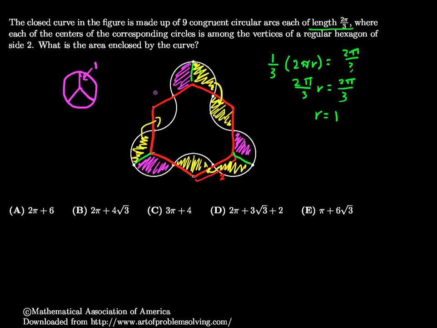And so basically I need to find the area of a regular hexagon with side length 2 and the area of a circle with radius 1. So let's say the area of a circle with radius 1 is of course pi r squared, which is pi. Well, I see this is the only choice with pi, so I could probably go with E, but let's make sure we have it right.